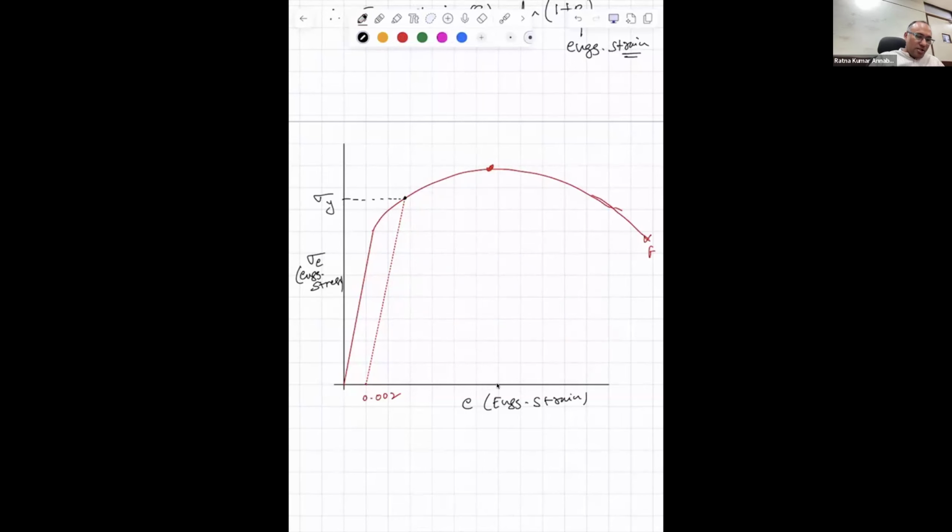This point is my sigma ut, ultimate tensile strength, and this is sigma f, the fracture strength.